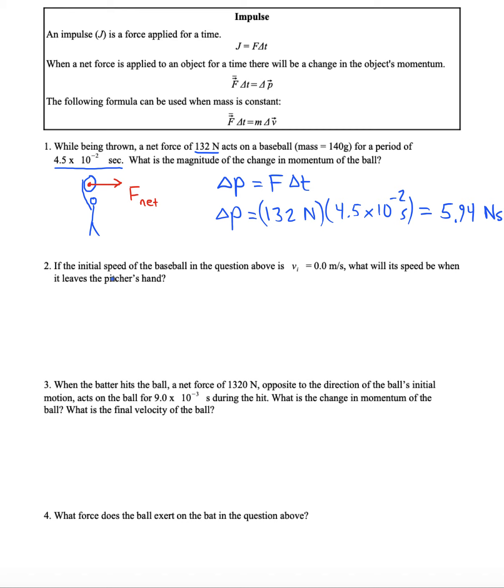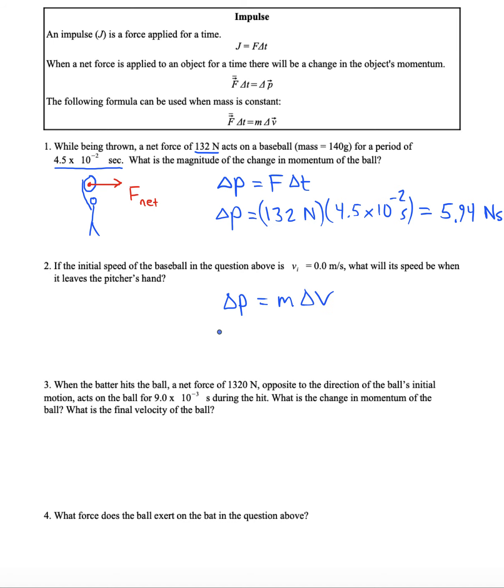Now let's say the initial speed of the ball in the question is 0. What will be its speed when it leaves the pitcher's hand using momentum to calculate it? Alright, so for that, we should use the formula delta p equals m delta v.